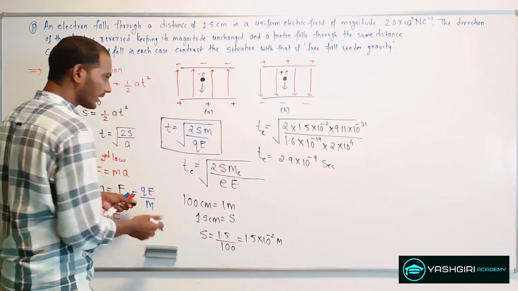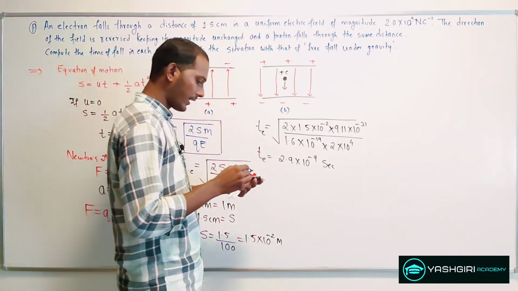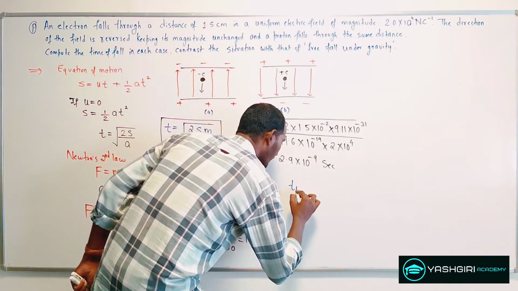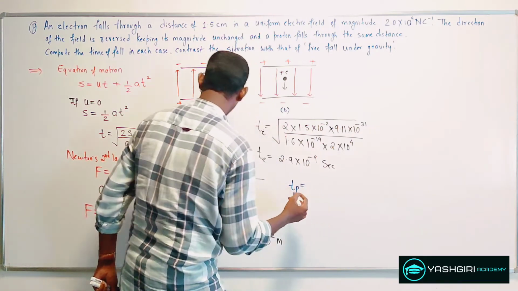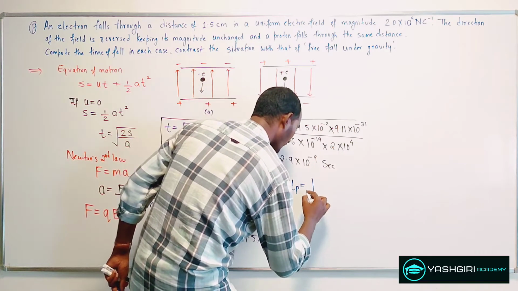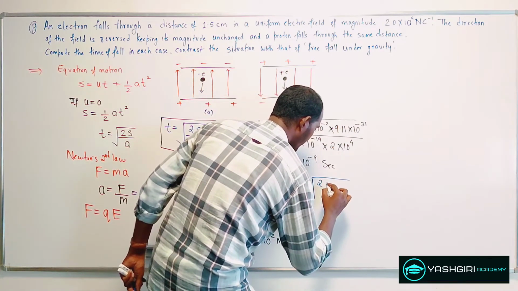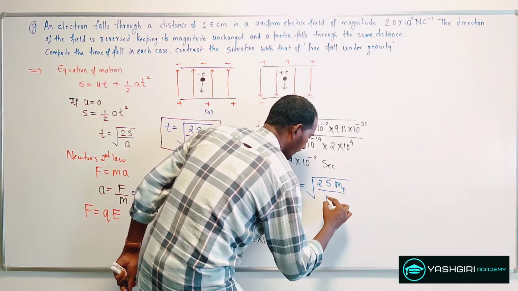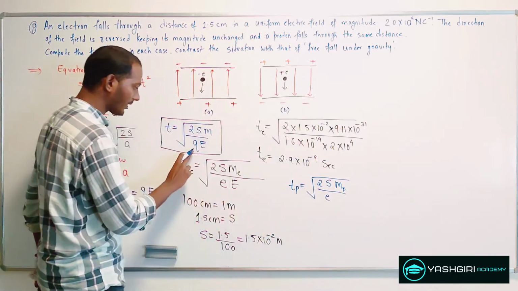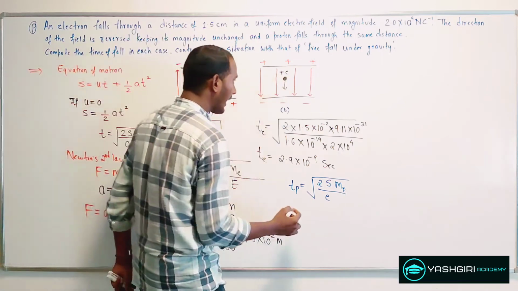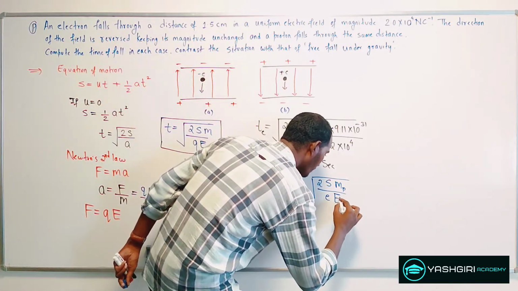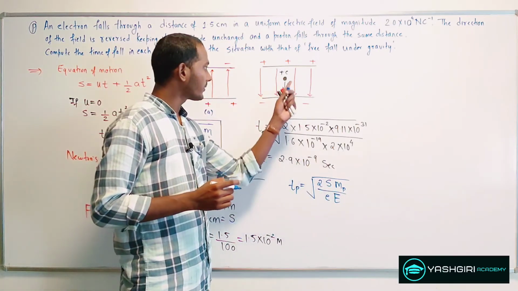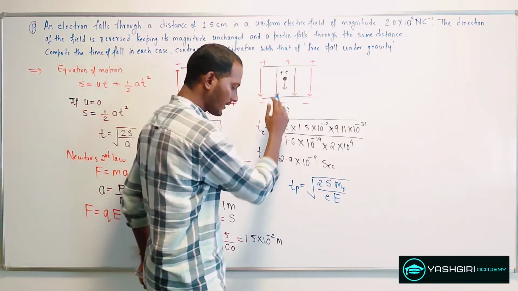So to calculate the time taken by the proton, Tp, I can just say it will be square root of twice the S into the mass of the proton by the charge. Q is nothing but your charge, that is e, and I can write it as the magnitude of your electric field. So the only thing you're going to change is the mass over here. In this case, it's a proton.